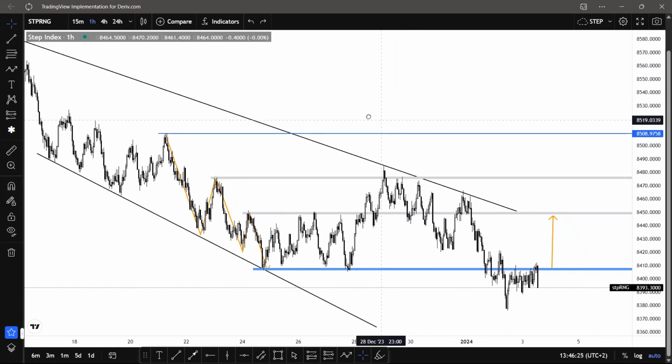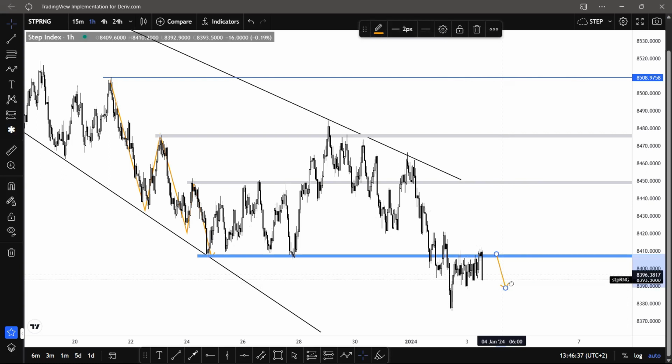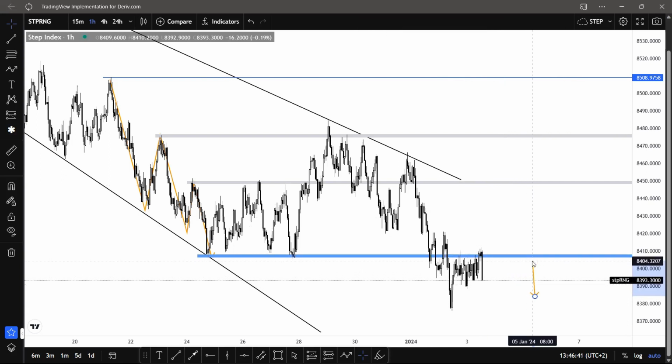So yeah, now the next step, which I feel is already clear, you want to make sure that you focus on where the current price is at. So the current price is here. If we break and close below here with the candlesticks, you want to make sure you take your sells.